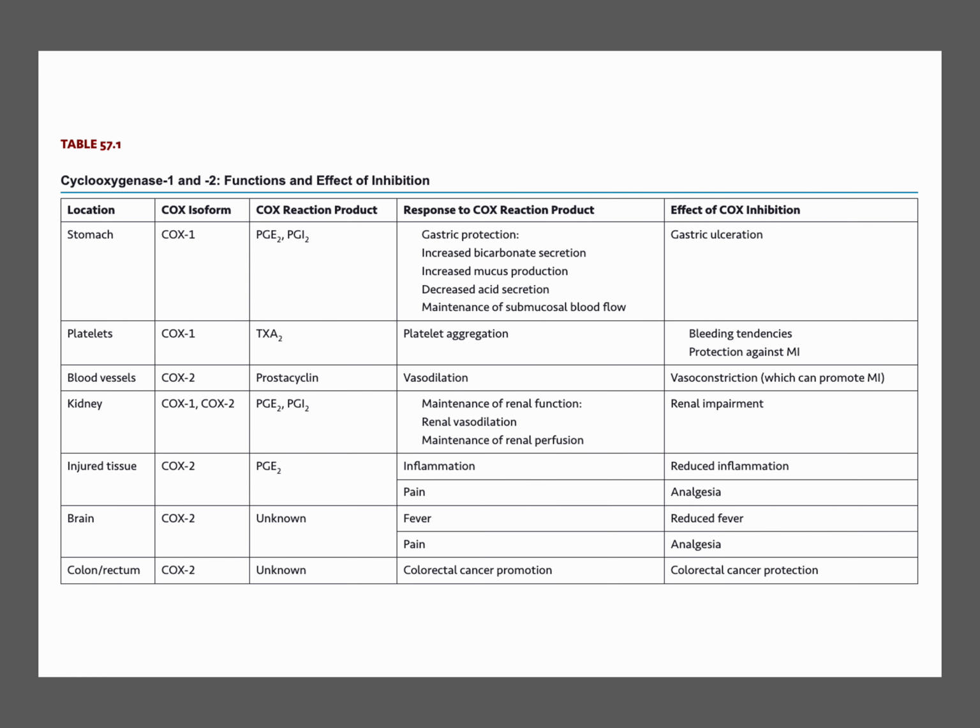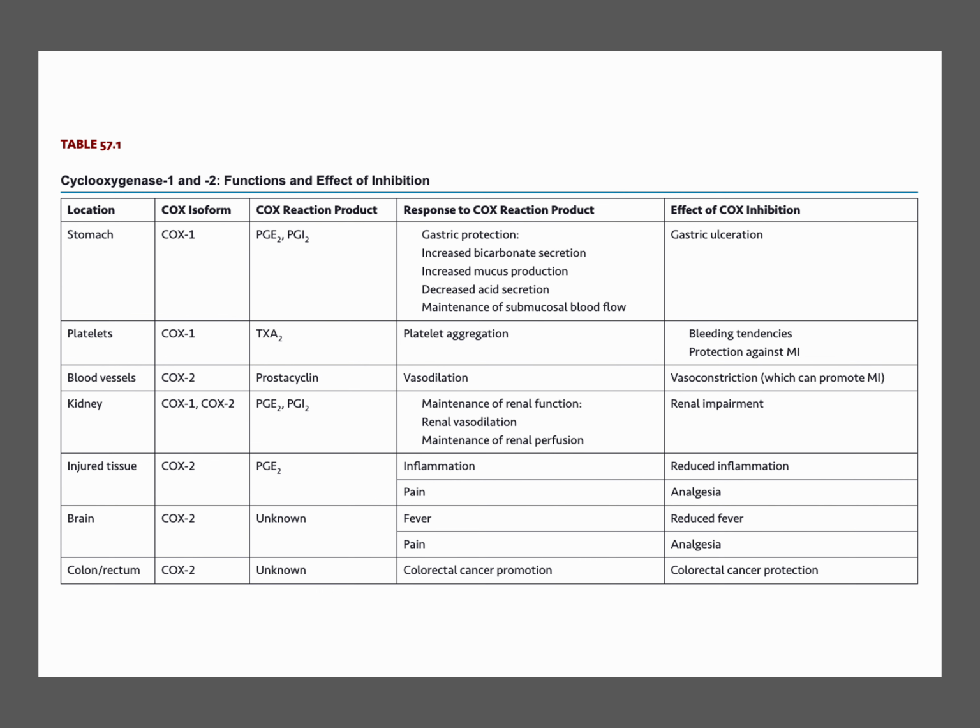At the site of injured tissue, COX-2 becomes activated, activates prostaglandin, and can cause inflammation and pain. This is a natural reaction to the site of injury. By providing a COX-2 inhibitor specifically to a patient, what it will do at the injured site is reduce inflammation and provide an analgesic effect to that pain.